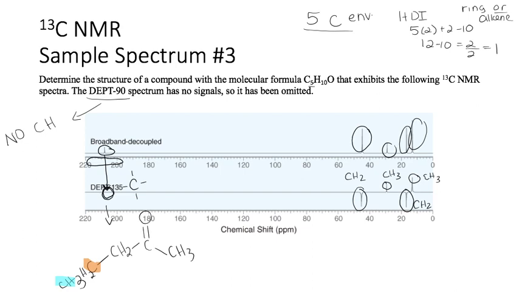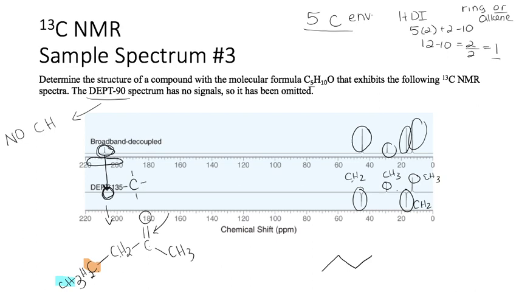Now I have CH3 groups that are different, CH2 groups that are different, and then I have my quaternary carbon here that's all by itself with no H's on it. This would probably be the best structure to match what's going on because I have the 5 different C groups, I have the very downfield carbonyl, I have the 1 degree of unsaturation due to the alkene in this position, and then I have 2 CH2 groups and 2 CH3 groups.